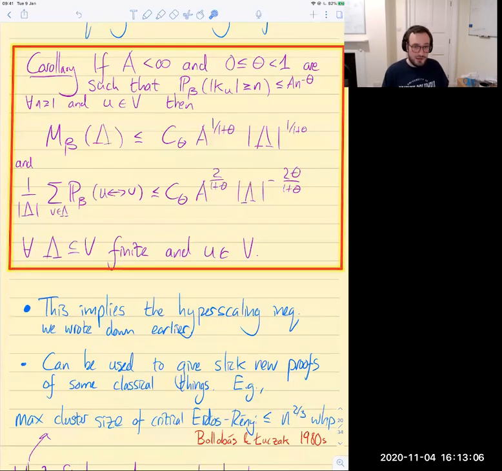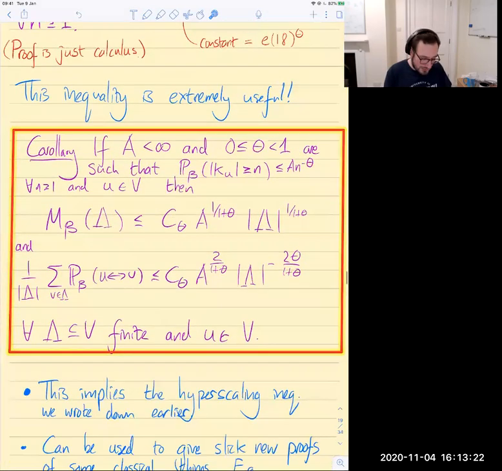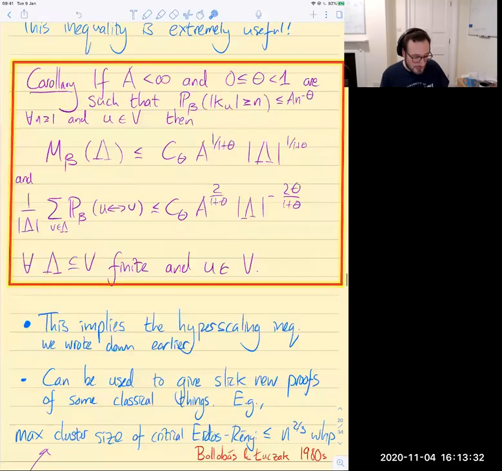So you get the probability that the cluster of the origin in the Erdős–Rényi graph is bigger than n is like a constant over root n. But then you apply this and you get that the maximum is bounded by n to the 2/3. Just immediately. You plug a half in as theta and you get 2/3 here.